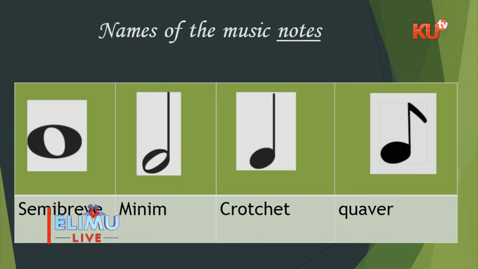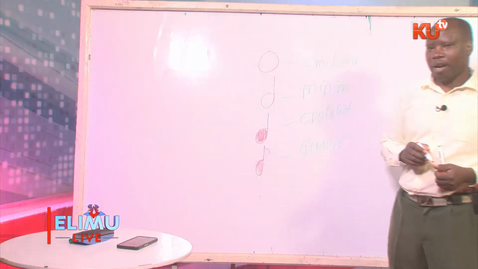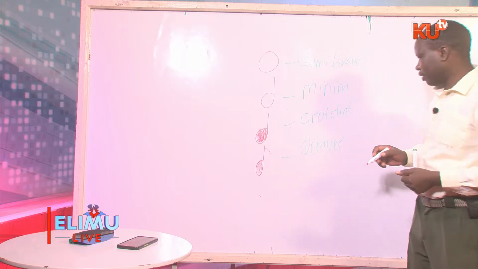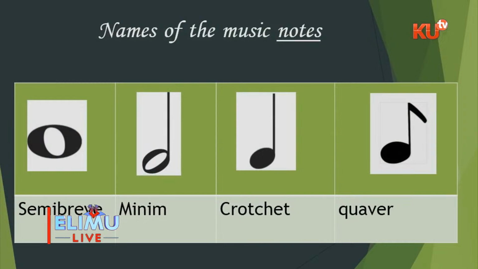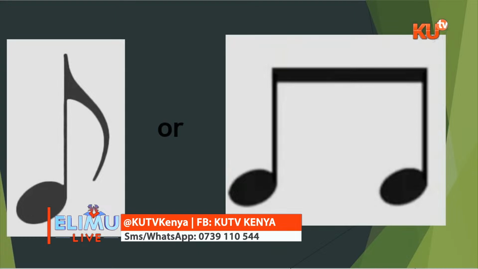Before we move further, this quaver, as I indicated in the slide just above, let's go to the immediate previous slide where we have a quaver. As you can see, these quavers are usually 2.